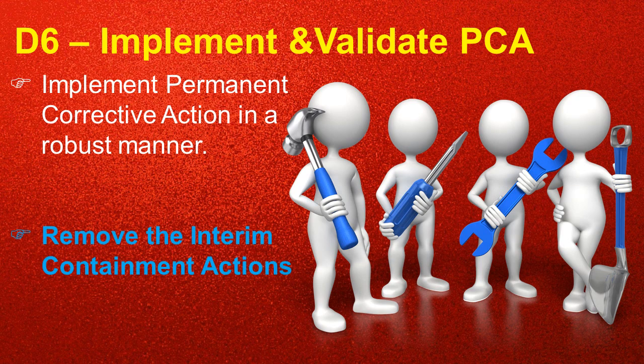The other important point to consider here is that up till now your process was running on ICA. At this stage D6, you will be removing the ICA and implementing the PCA. A detailed time plan will be required for successful implementation of the permanent corrective action.